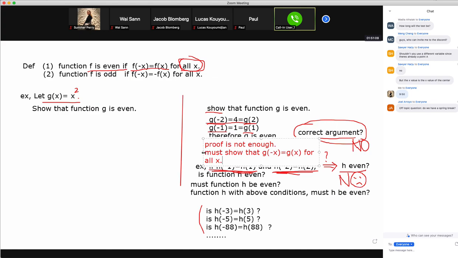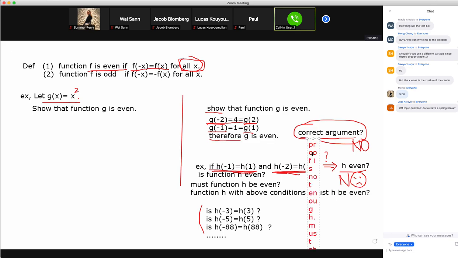See? So in this argument, did we show that g of -x is equal to g of x for all x?